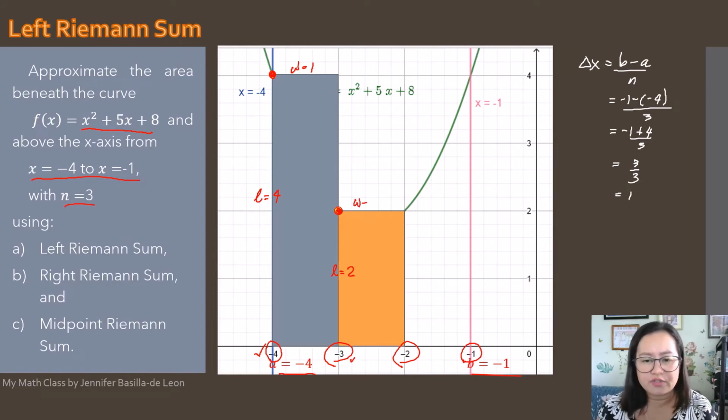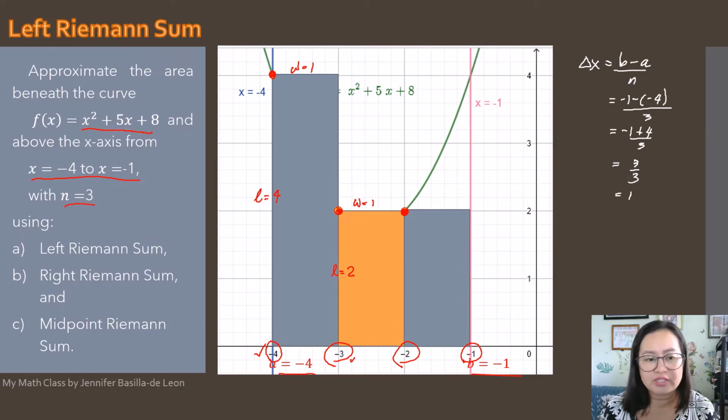The width of this rectangle is also 1. Now let's have the third rectangle. The third rectangle lies on the subinterval from -2 to -1. Since we are using the left Riemann sum, we are going to consider the left vertex.